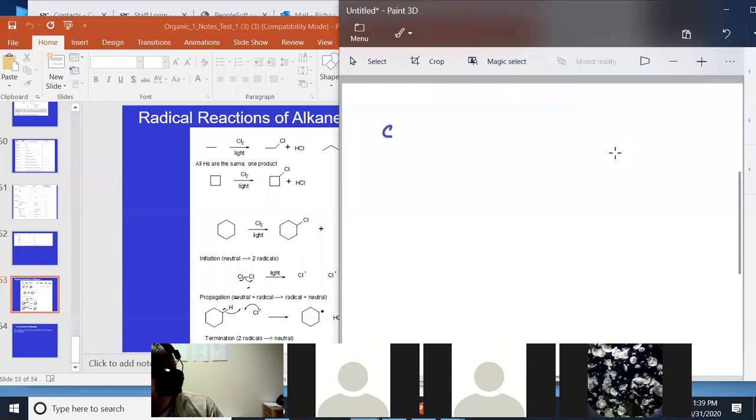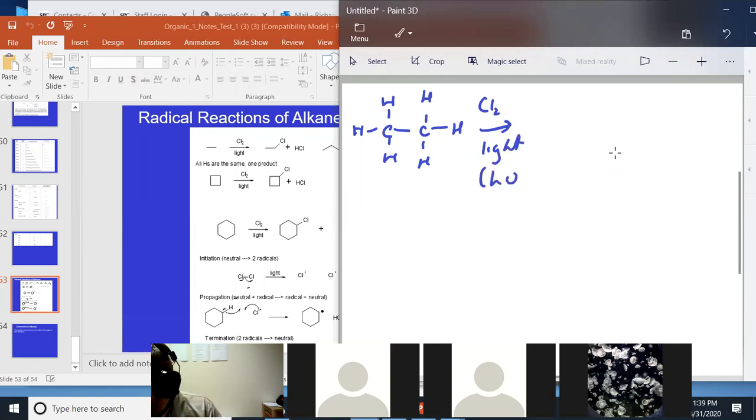So we've got CH3 on one end here, and then we've got the Cl2. And you might see light, or you might see this h nu, which is energy from light. You'd have to think back to General Chemistry 1 to remember something like that.